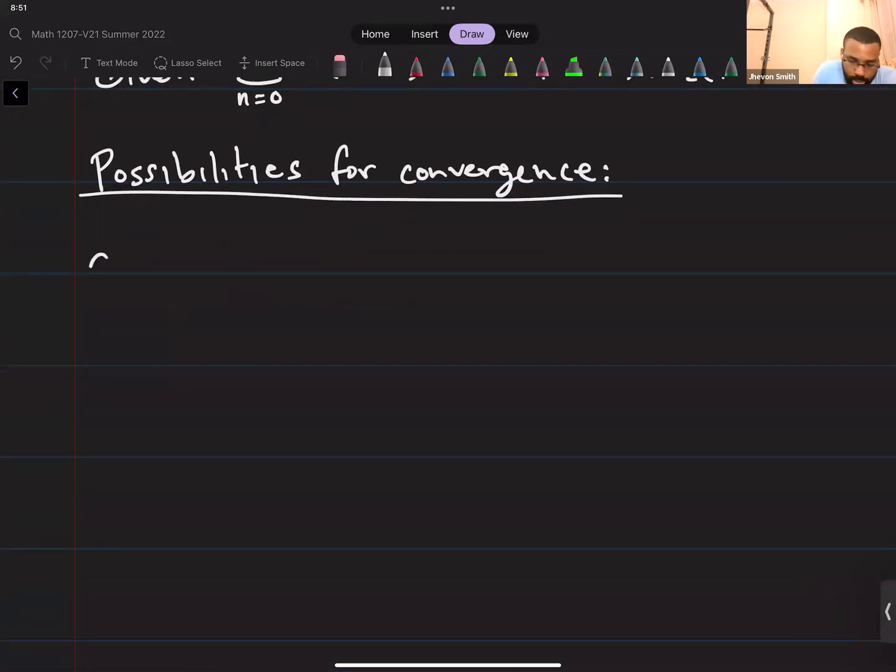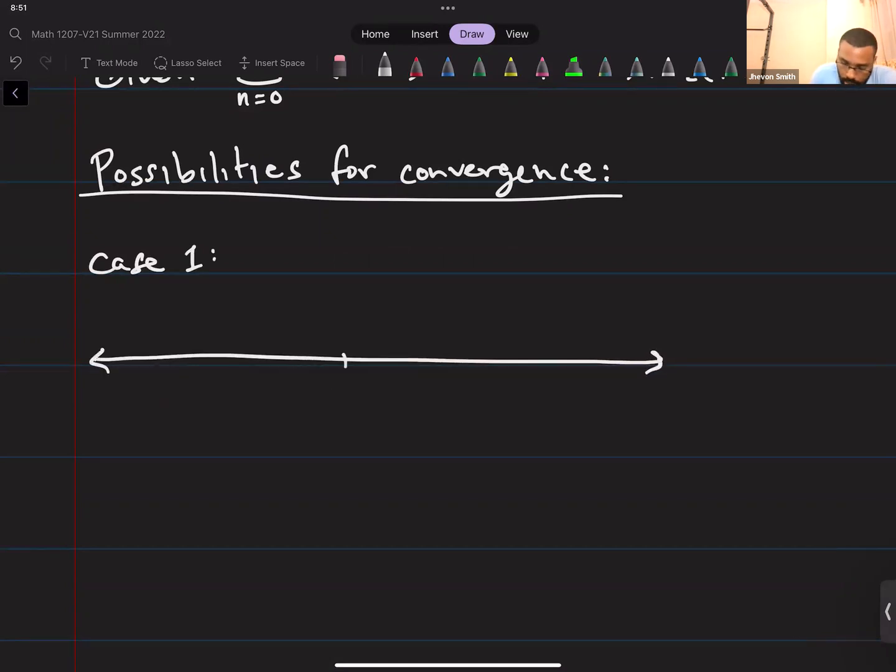Case 1 says, on the real line, there's the point x naught, and it converges only for x naught. The series only converges here. Everywhere else, it doesn't make any sense.